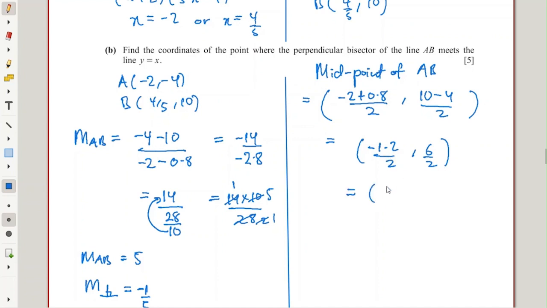So if you solve this, you're going to get negative 0.6, and this will give you 3. So this is the same as negative 3 on 5 comma 3.